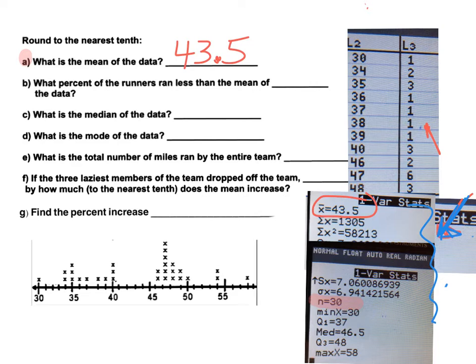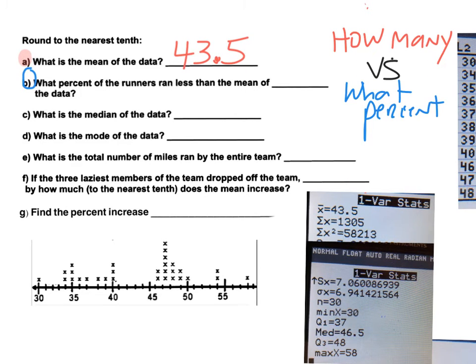Letter B, what percent of the runners ran less than the mean of the data? When you answer statistics questions, you have to make sure you answer the correct question. Sometimes you'll be asked how many, other times you'll be asked what percent.